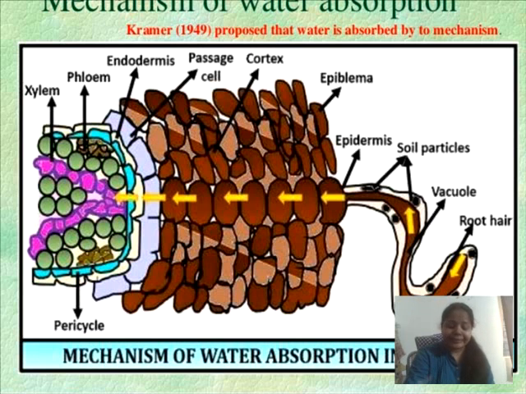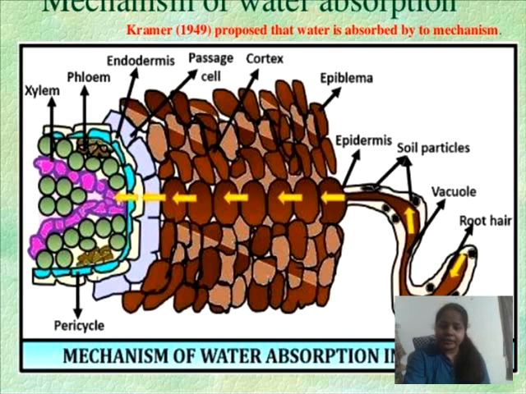This movement does not occur due to osmosis but occurs through capillary action involving free diffusion. So, when water moves through the interconnecting cell walls, intercellular spaces, and through the cell walls, that is the apoplast pathway, the movement occurs through capillary action involving free diffusion.